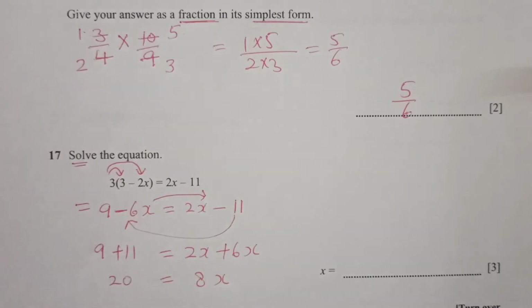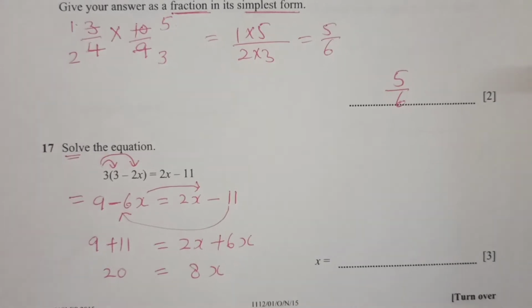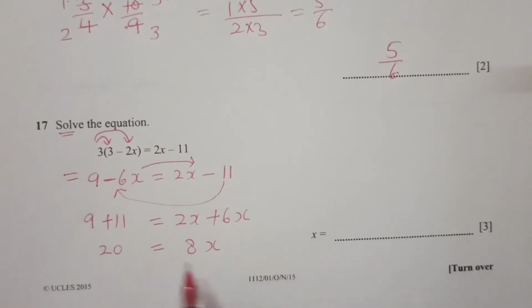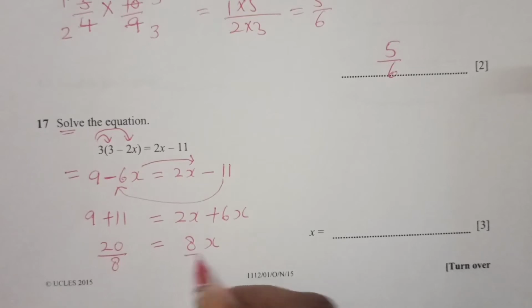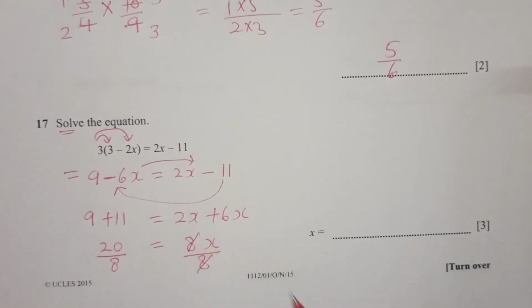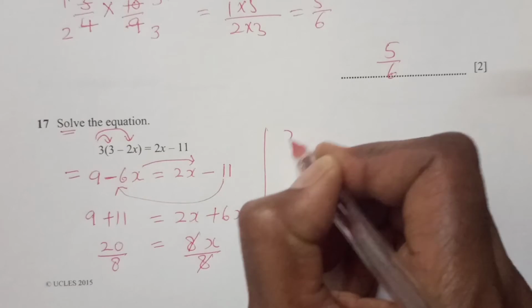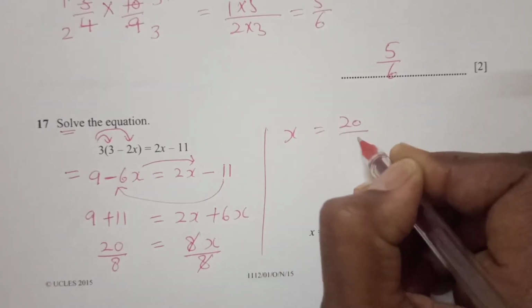So when we add the like terms, you get 8x here. Now we are going to divide by 8 because we just need the value of x, so this 8 and 8 get simplified. Now this 20, let me write it down here, x equals 20 over 8, right?